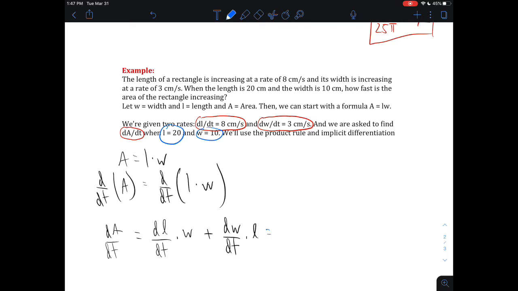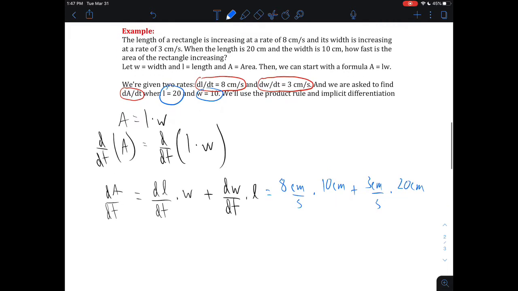So dA/dt is equal to dL/dt, which is 8 centimeters per second, and then I multiply that by the width, which is 10 centimeters. And then I add dW/dt, which is 3 centimeters per second, and I multiply that by the length, which is 20 centimeters.